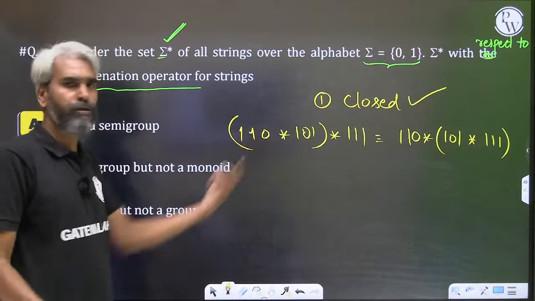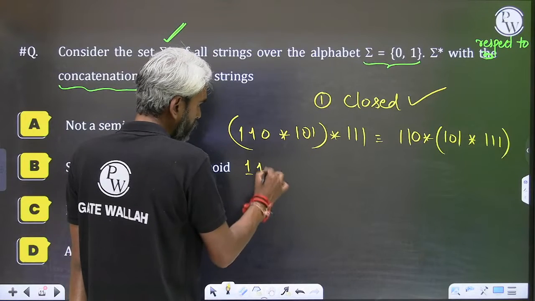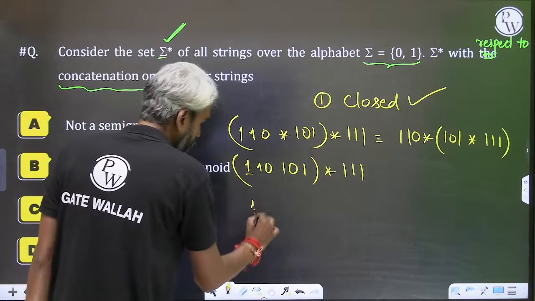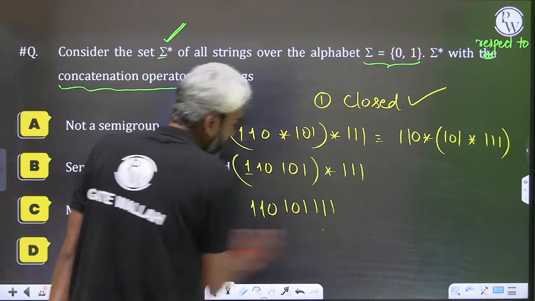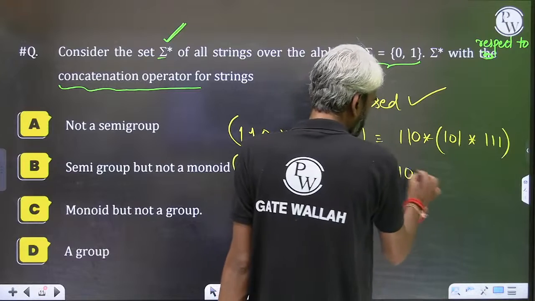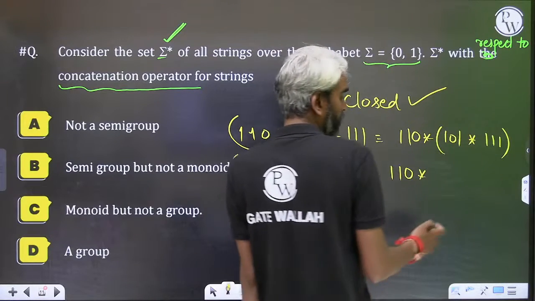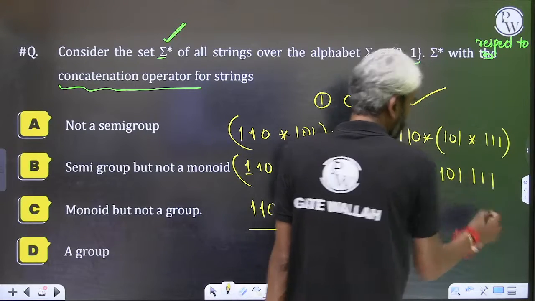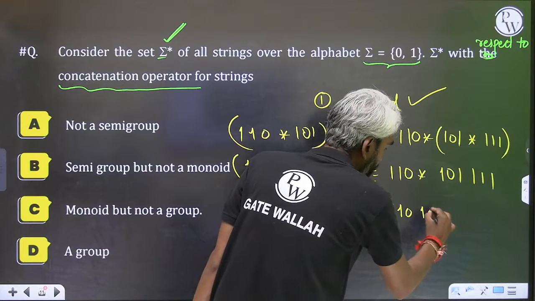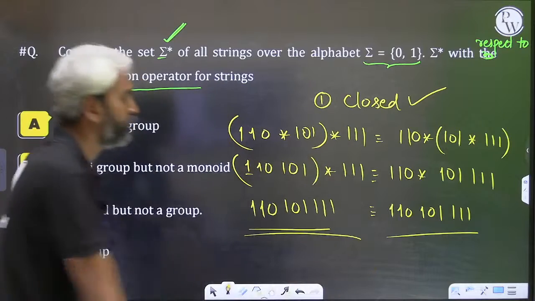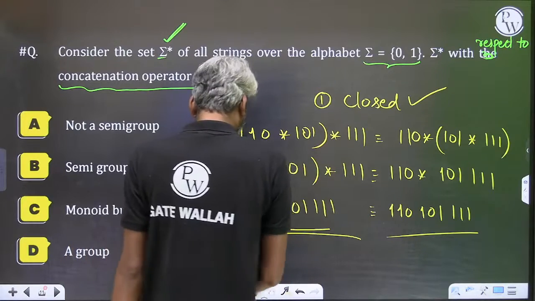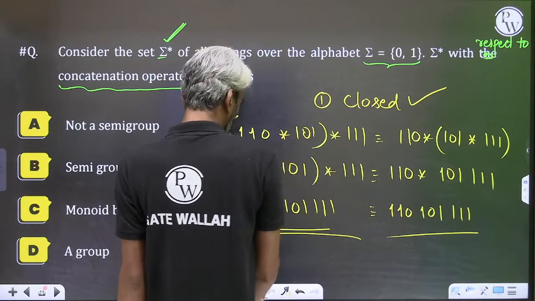The precedence is given to the brackets first, so 110101 is finally concatenated with 111, and the result will be 110101111. Similarly, on the other side, 110 remains as it is and is concatenated with 101111, and the result is 110101111. Both are the same, so concatenation of binary strings is associative.